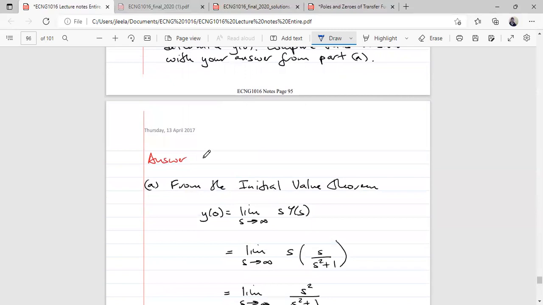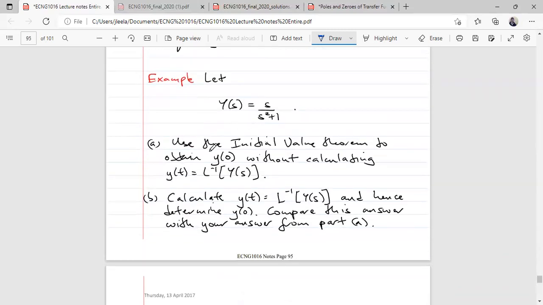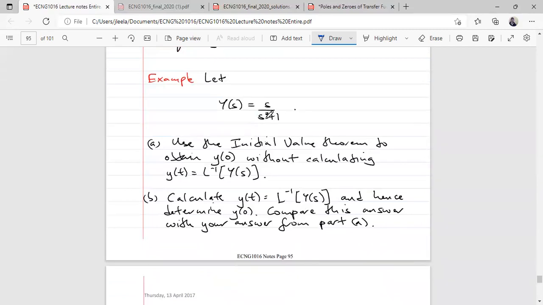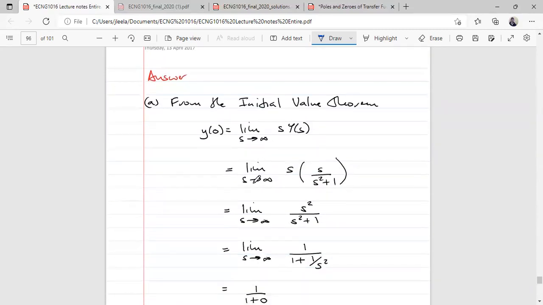So let's look at the first part now. Use the initial value theorem. From the initial value theorem, y(0) is the limit as s approaches infinity of s Y(s), where the Laplace transform was given to be s over s squared plus 1. So that is the limit as s approaches infinity of s times s over s squared plus 1, which gives s squared over s squared plus 1.